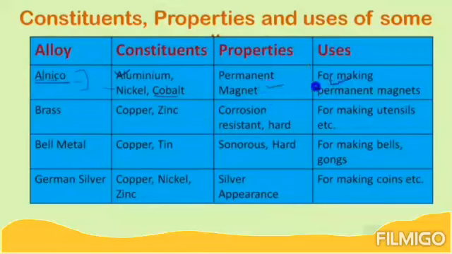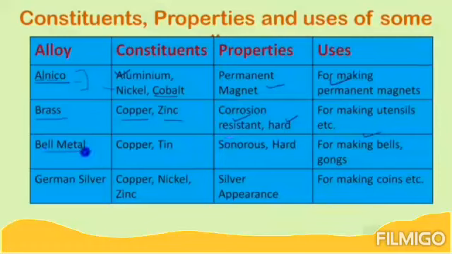It acts like a permanent magnet and is used for making permanent magnets. Next one is brass, made up of copper and zinc. It is corrosion resistant and hard and is used for making utensils.